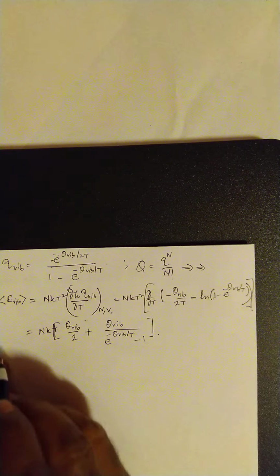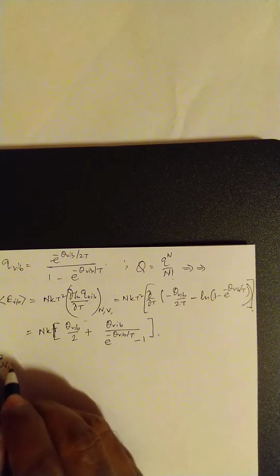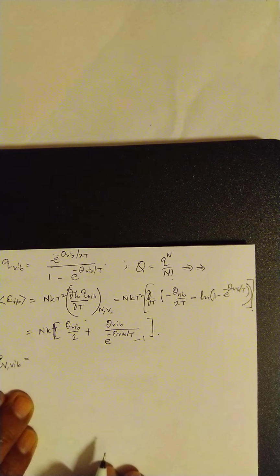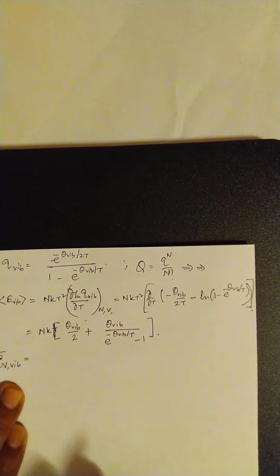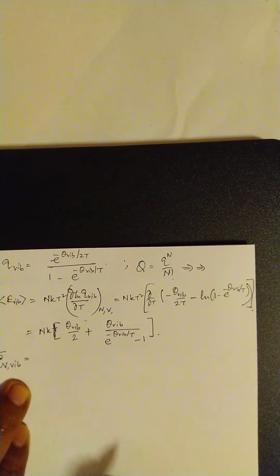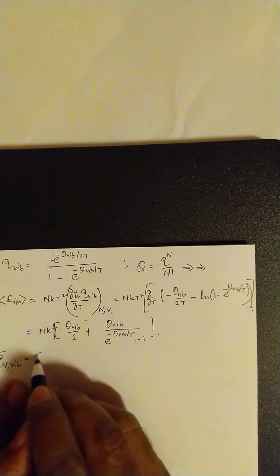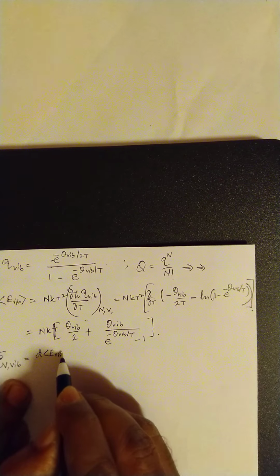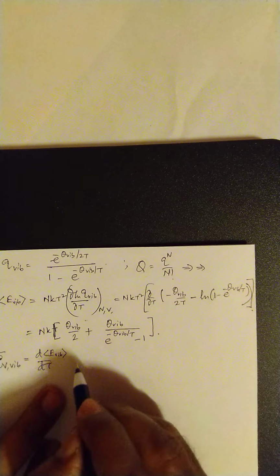Given this, naturally you can find the vibrational contribution to Cv for such a molecule. For the molar quantity, N becomes N0, the Avogadro number, and Cv vibrational is nothing but dE vibrational by dT.